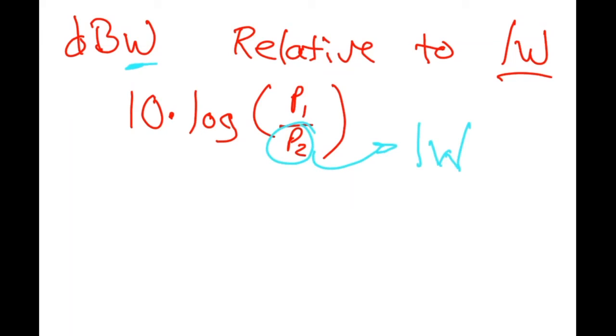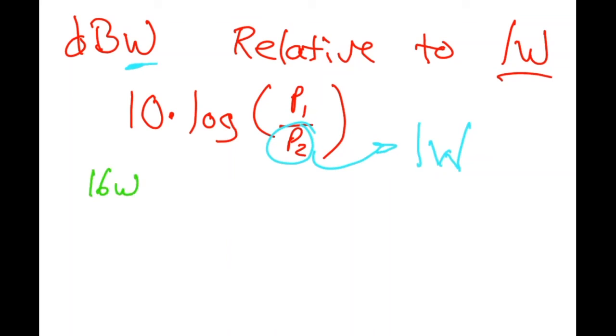So we look at a power level, any power level that's just in watts, and we make it relative to 1 watt. So it becomes very simplistic for us to take something and turn it into an actual dBW or a dBm because it's just defining that it's relative to that item. So let's say we have transmit power, and we're transmitting with 16 watts.